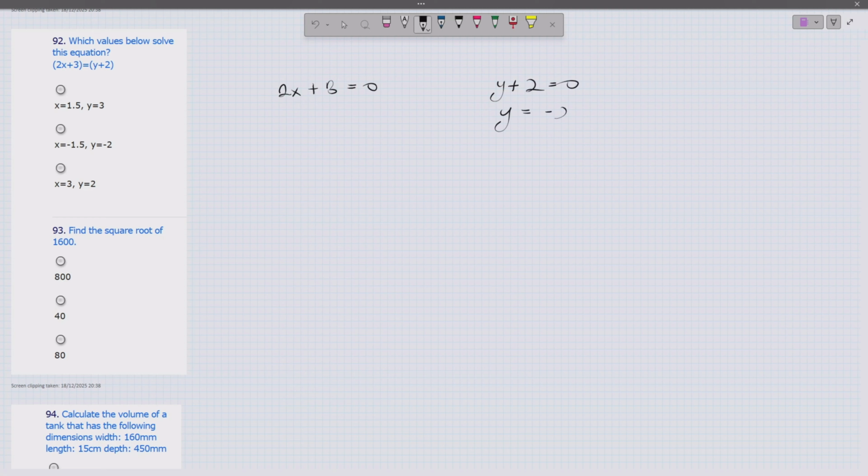Y will be minus 2 and 2x equals minus 3. So x equals minus 3 over 2. That will give you minus 1.5. And y equals minus 2. X equals minus 1.5, y equals minus 2 is the right answer.